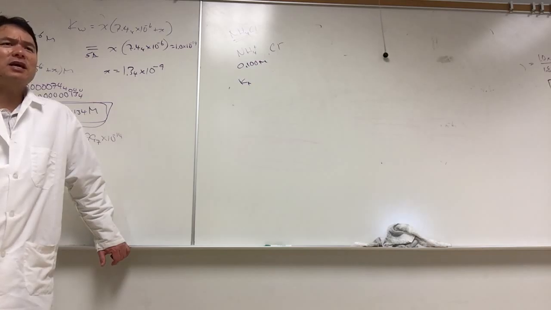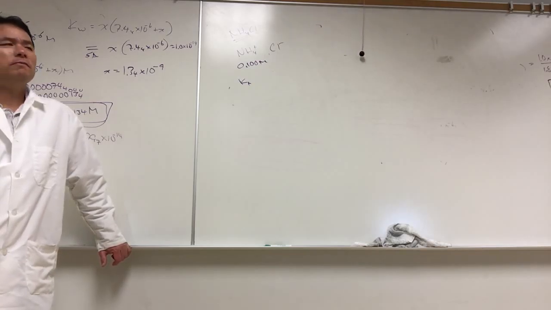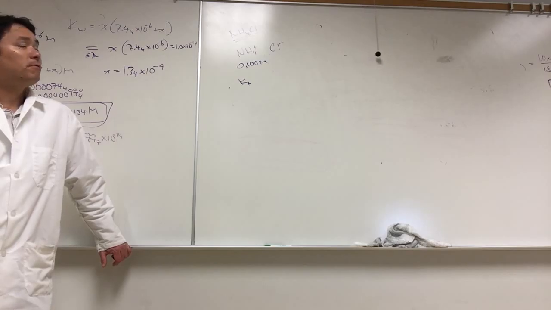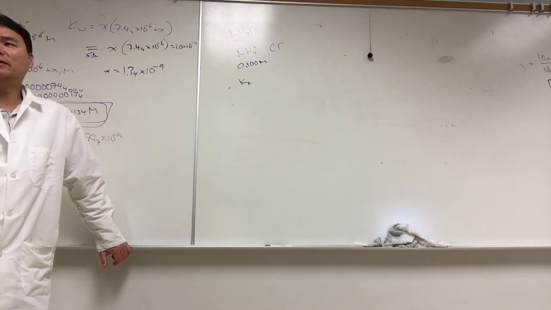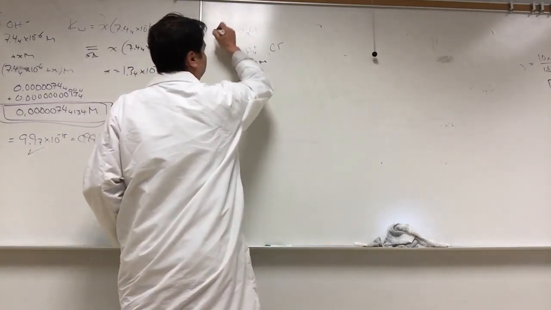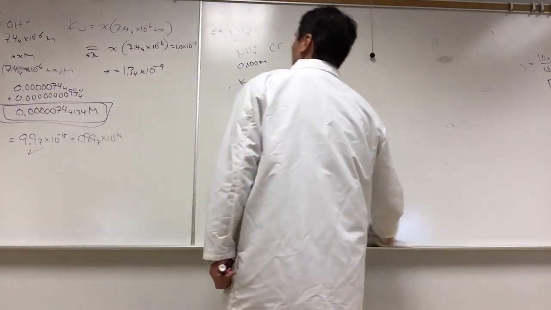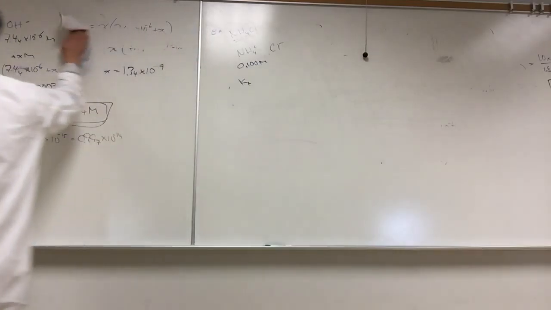So the numbers come out the same. It's just, the pH would be 5.13 rather than the pOH. It's the same calculation. So we're going to skip that and go to what comes after ammonium chloride.